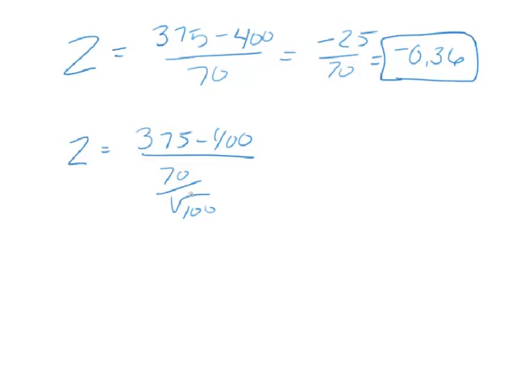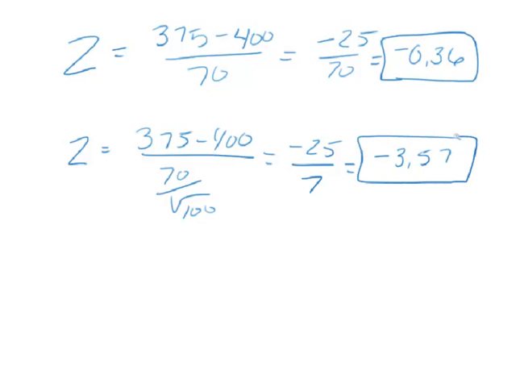This is the mean of a group. So this is going to be equal to negative 25 over 70 divided by 10, which is 7. And this comes out to be negative 3.57. So we take this negative 3.57 and look it up on our table.